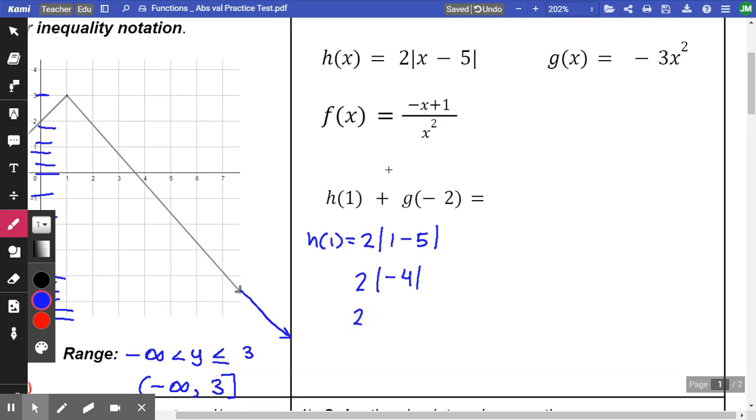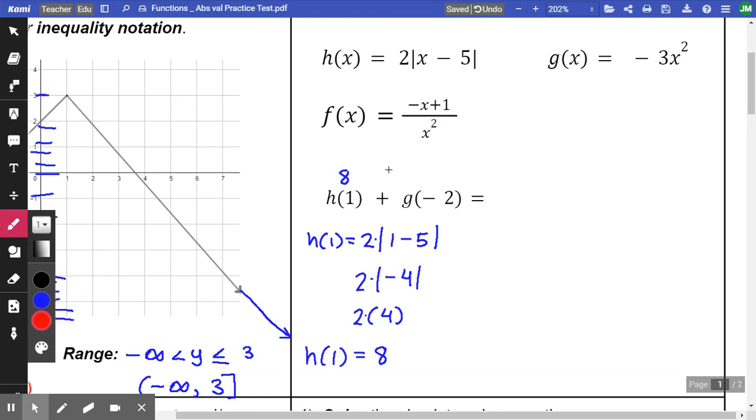So we can replace this with the +4. What's happening here outside, because these are next to each other, is multiplication. So we'll end up multiplying at the end. h of 1 is equal to 2 times 4, which is equal to 8. Later we'll do this operation, but this is equal to 8.